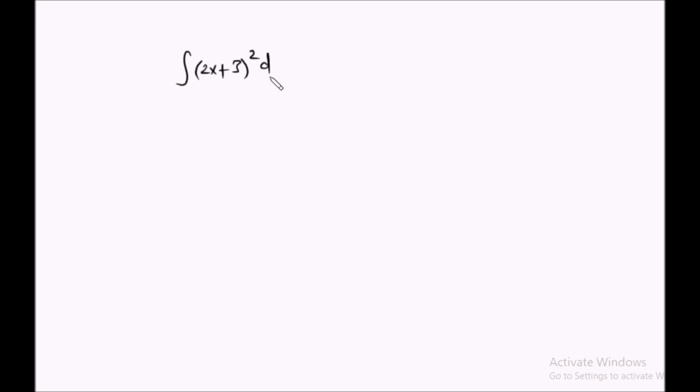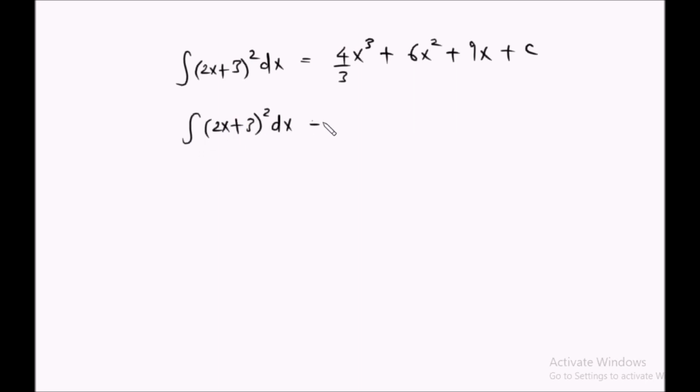Njia ya kuumiza kichwa. Nimepata 4 over 3 x cube jumlisha 6x squared jumlisha 9x plus c. Okay? Wakati nilivyo integrate kwa kutumia ile njia rahisi, sasa njia fupi ya standard integrals, nimepata 1 over 6 (2x plus 3) cubed plus c.